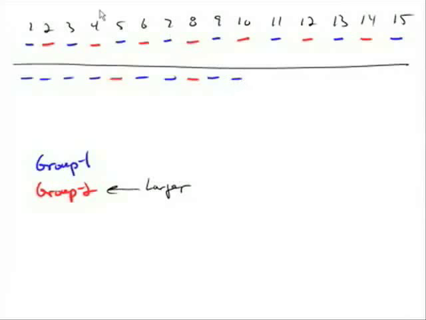Here, if I simply add up the ranks, the blue have much lower values, whereas these red ones have much higher values. If I add the red ranks up and I add the blue ranks up, there's going to be a clear separation. The red ranks are clearly bigger.